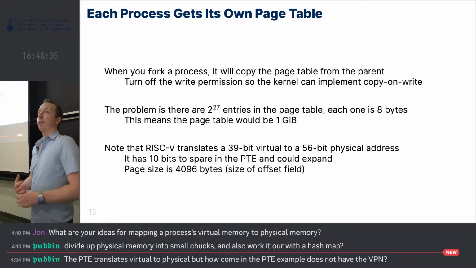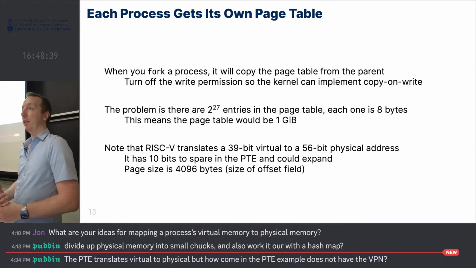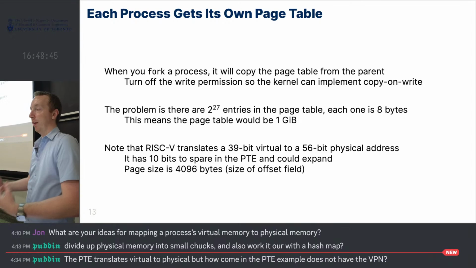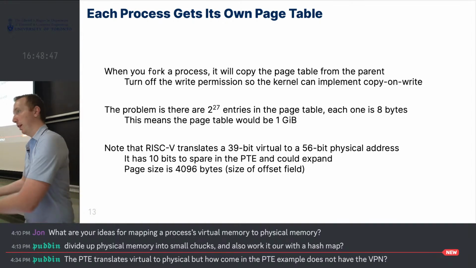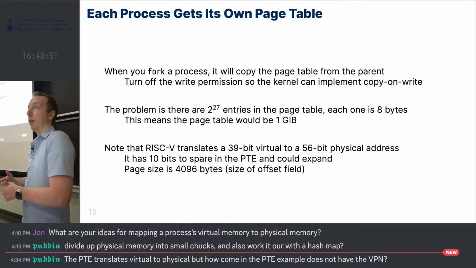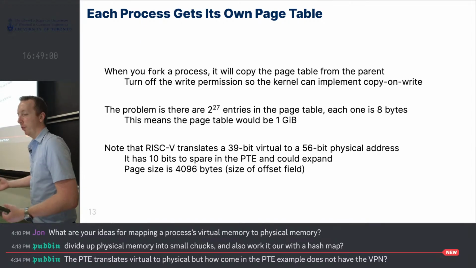What the kernel actually does, as a trick to make fork really, really fast, is copy the page table, and both processes have the same translation: the same virtual address points to the exact same physical memory. If you only read information in both processes, you can share it, and it's really, really fast. So you don't have to allocate double the amount of memory. They both just share it.